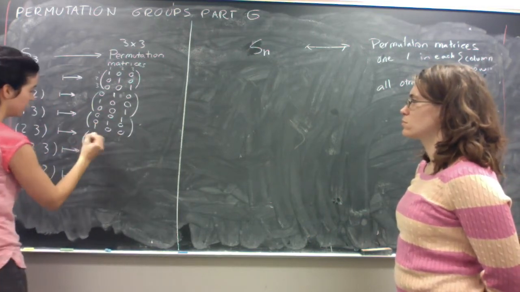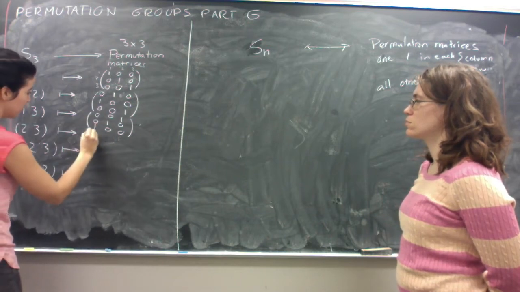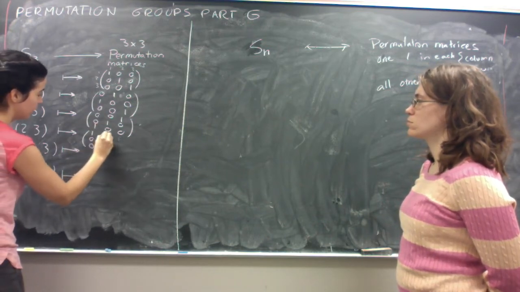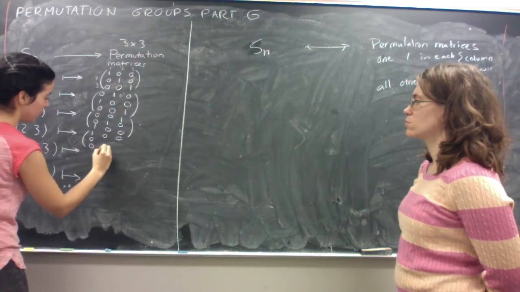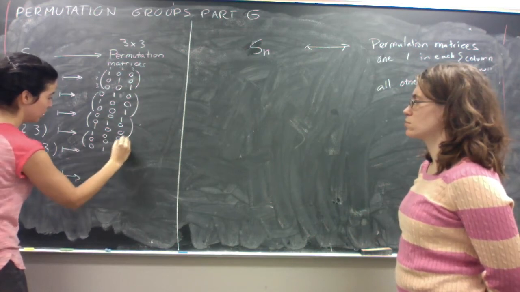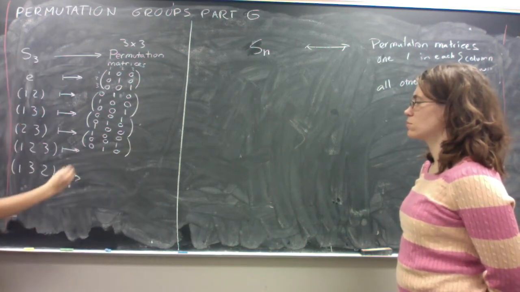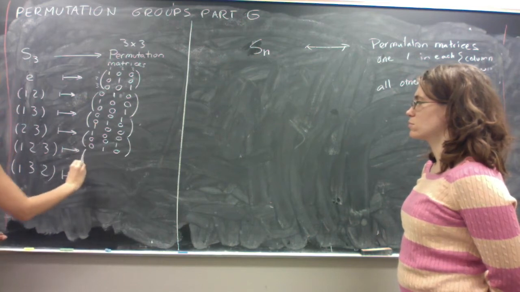Similar thing, so 1 remains untouched, and then 2, 3 get permuted. Okay, this one's a little more interesting.